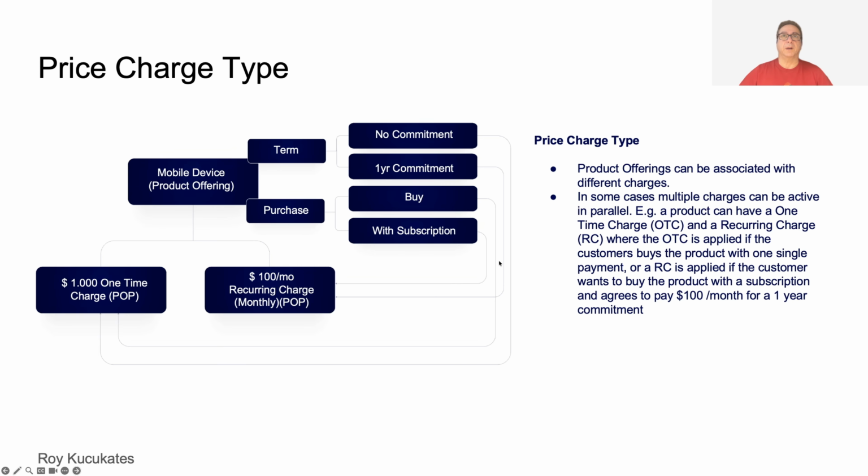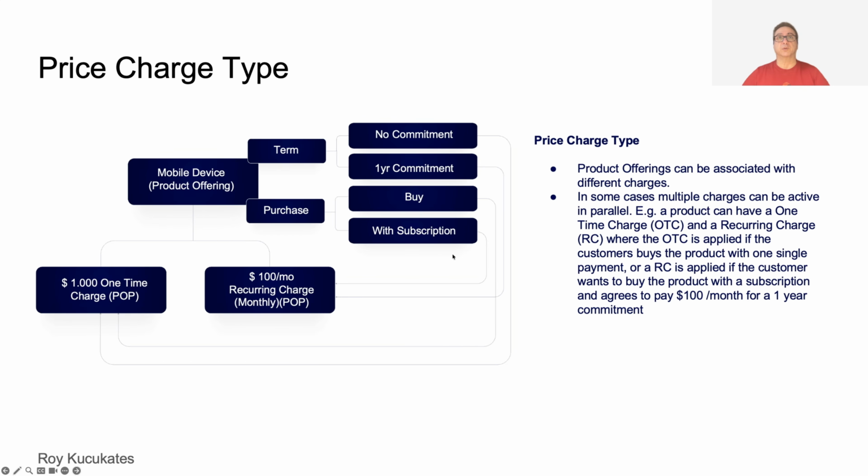You should remember that associated characteristics or the term, they're ANDed. Like the customer, in order to get $100 per month recurring charge, he needs to make a 1 year commitment and he needs to purchase with subscription so that this $100 per month can apply. So this is how a product offering price entity is connected to the terms and characteristics.